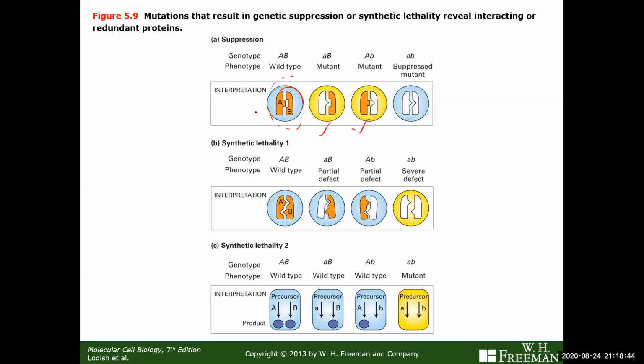How would you know whether it's a suppressor? Whenever you are thinking of suppression, by definition, at least two genes are mutated in the cell, right?